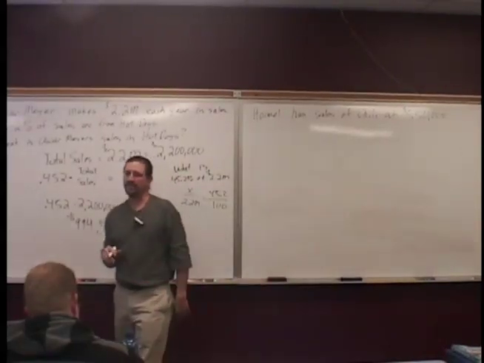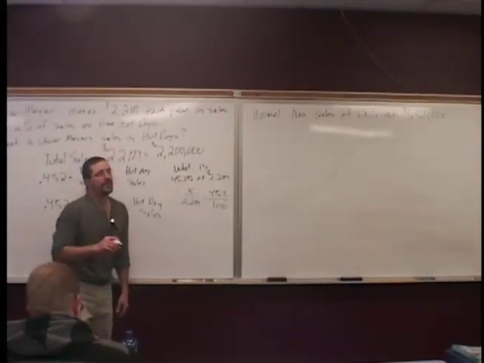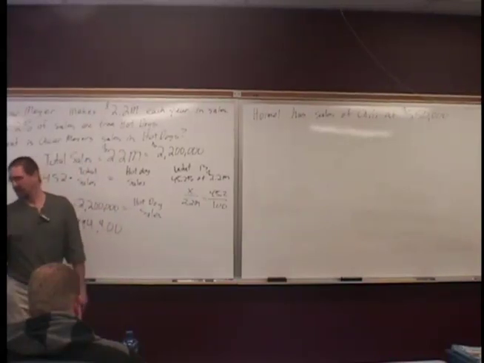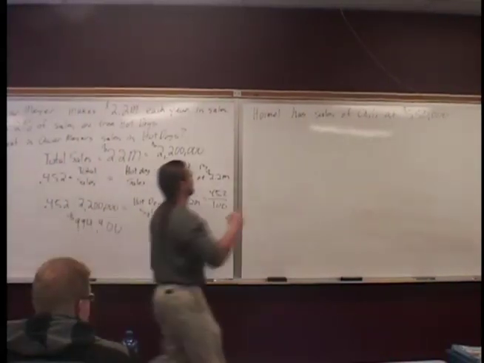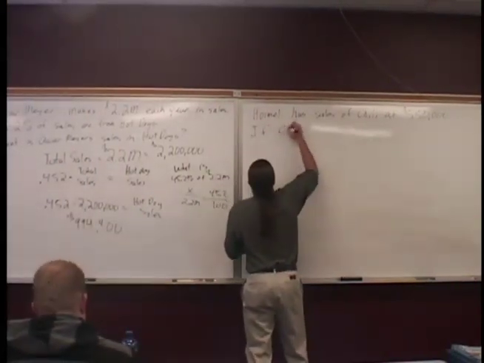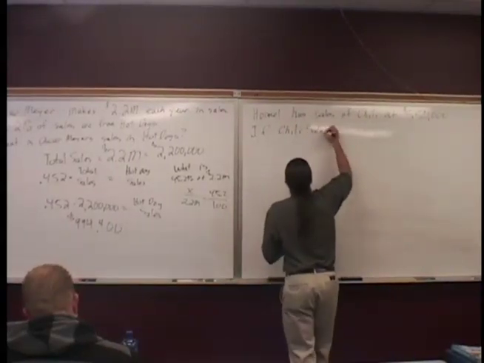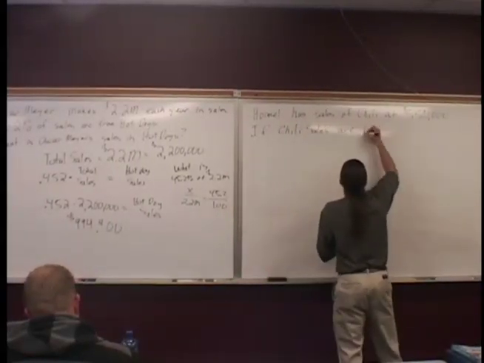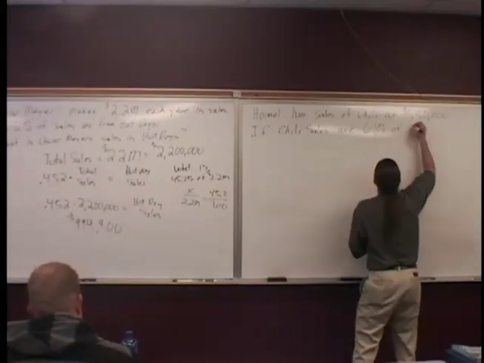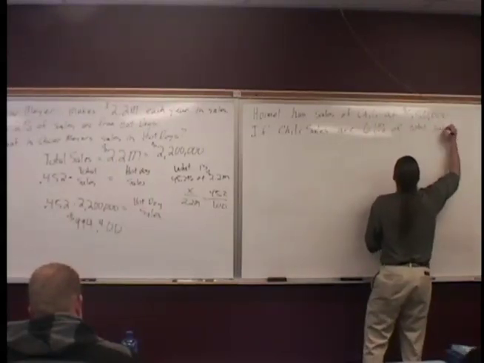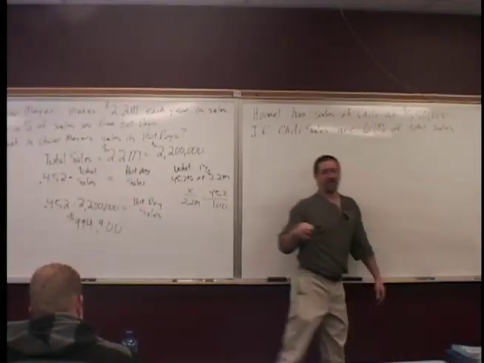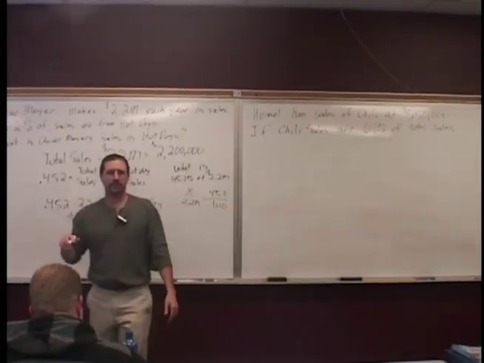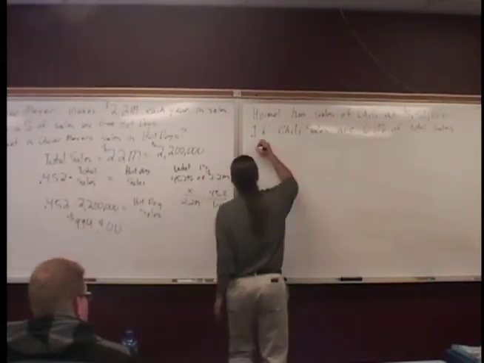Again, I'm just making these numbers up, folks. I have no idea if that's real. But it's probably not too far from the truth. That's my guess. If chili sales are 61% of total sales, what am I going to ask? What are total sales?